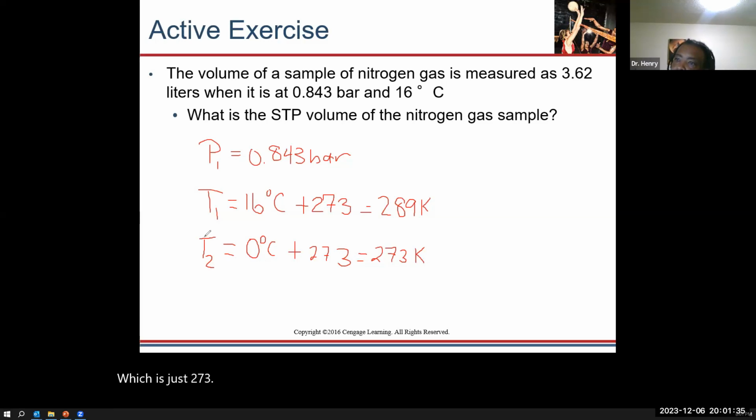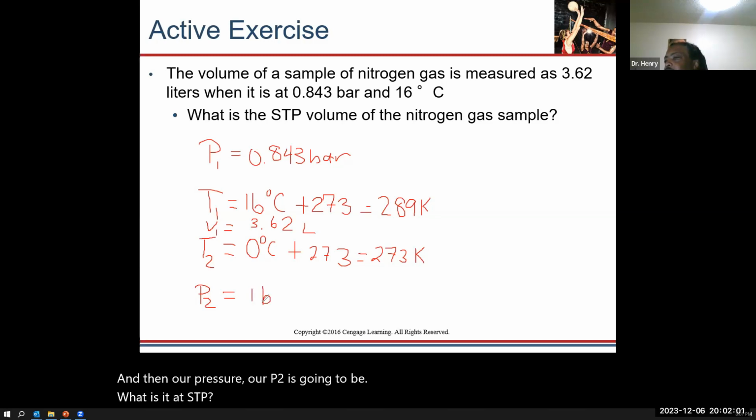Our V1 is going to be 3.62 liters. And then our pressure, our P2, what is it at STP? Isn't it 1 bar? And then our V2, we need to calculate.